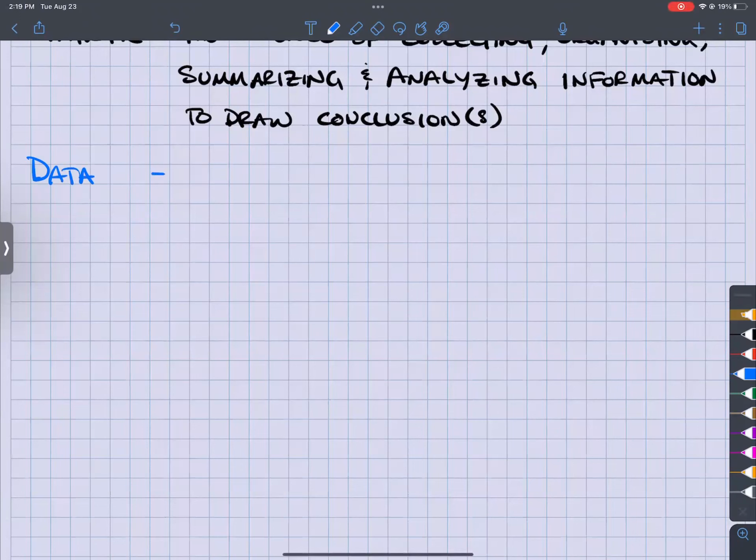Data. Data is used to, how do I want to write this?